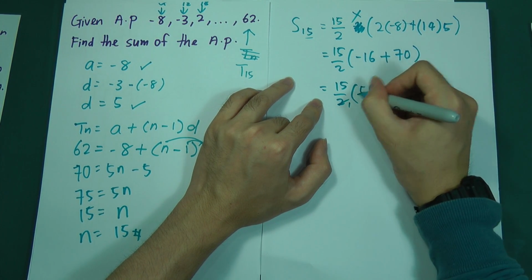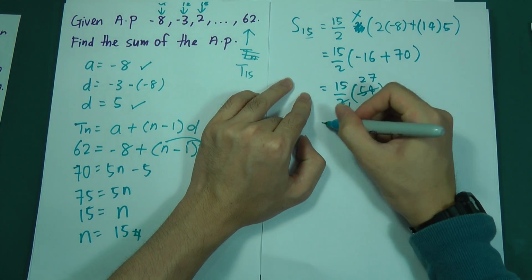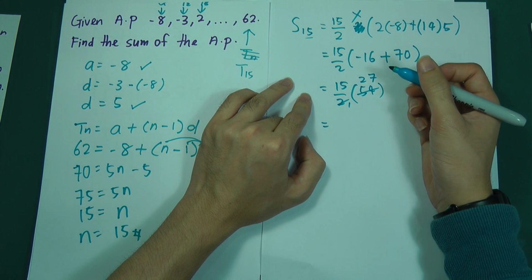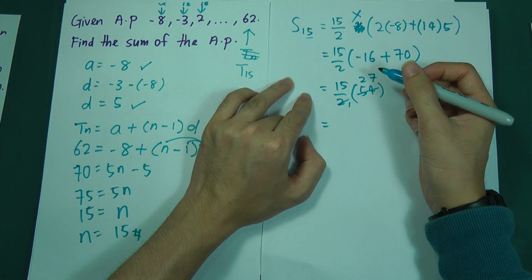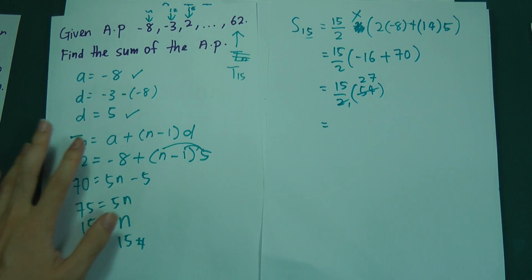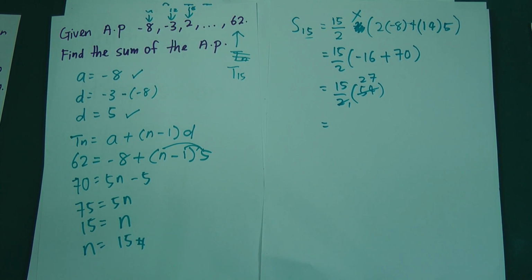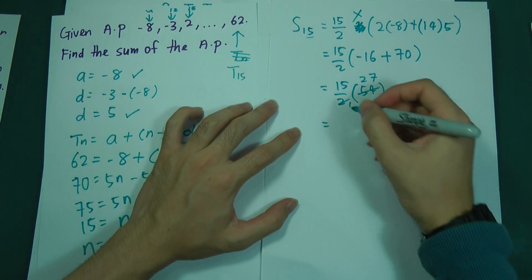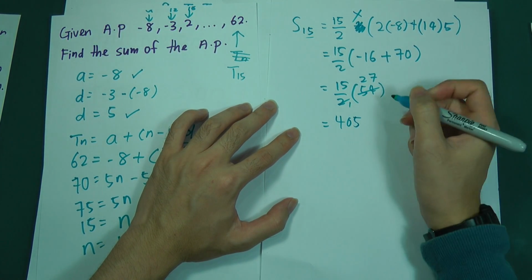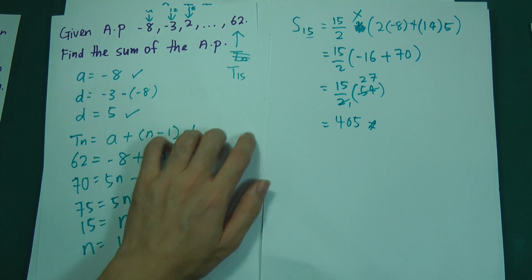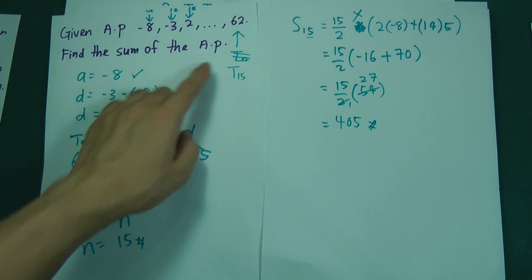We simplify to 27, and then we multiply. Let me take the calculator. 15 multiplied by 27, you got 405. This is the sum from the first term until the 15th term.